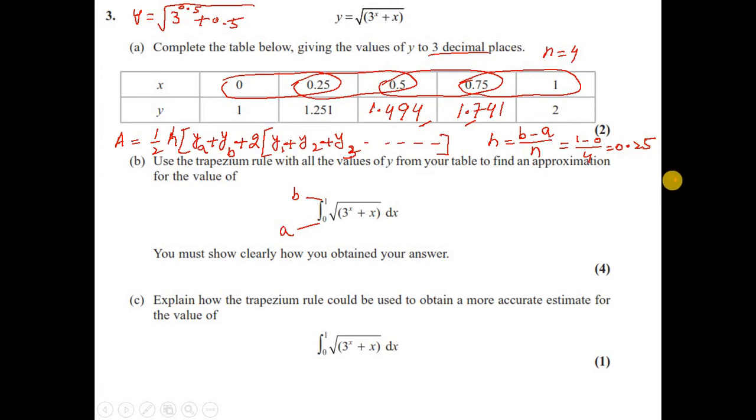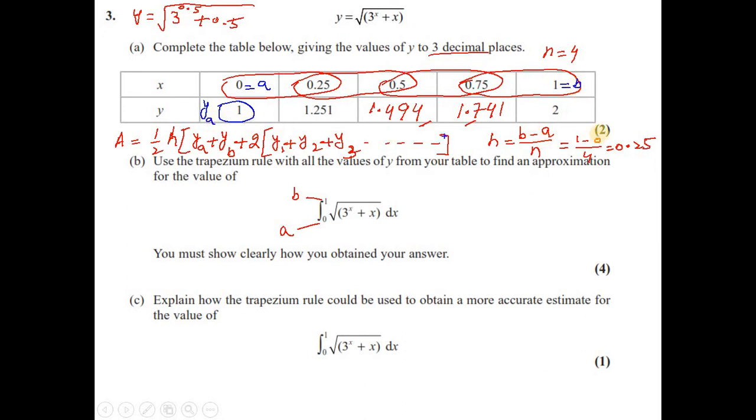Now you just substitute all the values in the formula. What are ya and yb? The very first value of the table, I'm marking in blue, the very first value of y is ya. You can clearly see that x equal to 0 is your a, and this is your b.